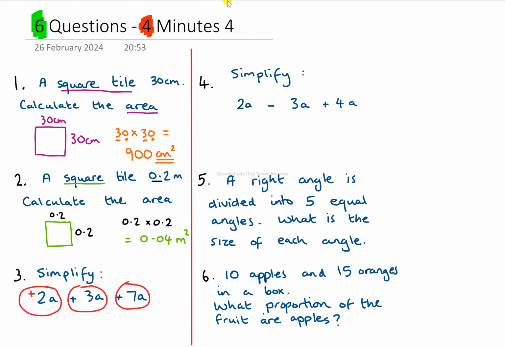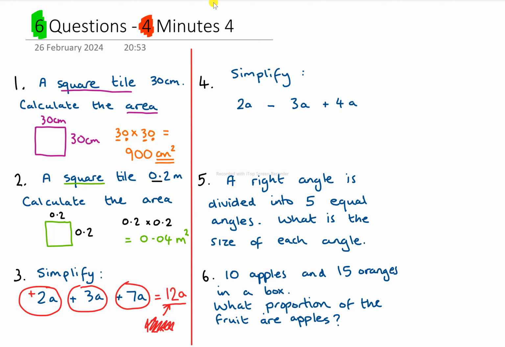Right, so the simplest way probably just to look at it is, you start at positive 2a, add 3a, which is 5a, and then add 7a, which is 12a. So it equals 12a. And remember what we said, 12a just simply means 12 times a. But we don't need to write it like this, we just write it as 12a.